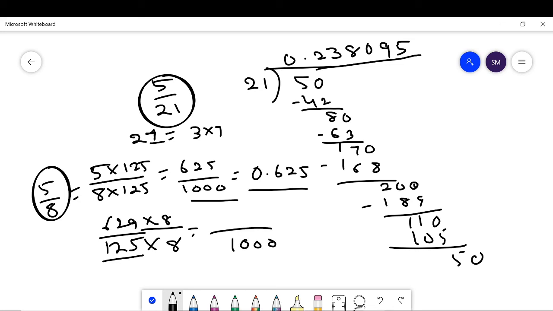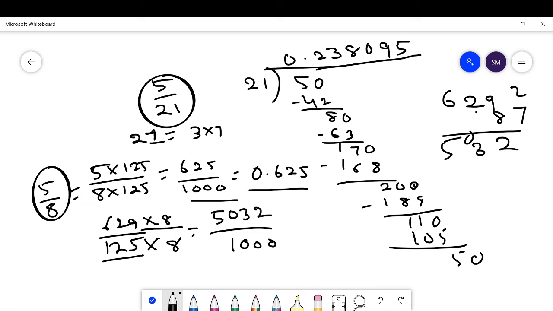Then 629 multiplied with 8 we get 5032. How many zeros are in 1000? 3. We need 3 digits after the decimal. Here there are 4 digits. Then the decimal point is put here: 5.032. This is the decimal representation of the rational number 629 upon 125.